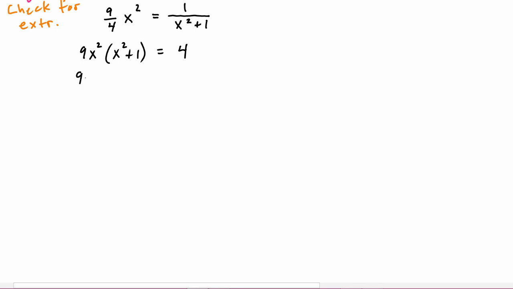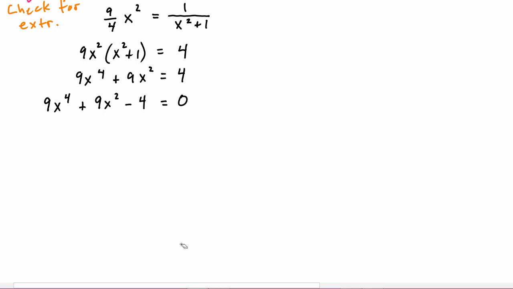This becomes 9x to the 4th plus 9x squared is equal to 4. So we need to get everybody on one side, so this 4 will subtract over to the left-hand side. So now we have 9x to the 4th plus 9x squared minus 4 is equal to 0.